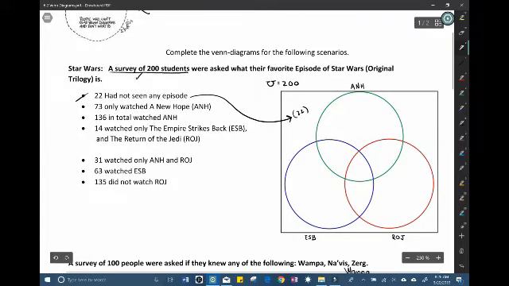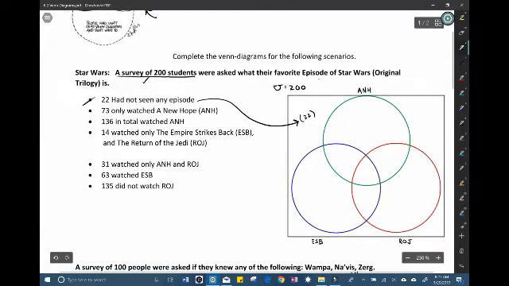Okay, 73 only watched A New Hope, which is A-N-H. Very good movie. Remember that 73, so A New Hope only is going to be like the little piece right here. So that's 73. 136 in total watched A New Hope.